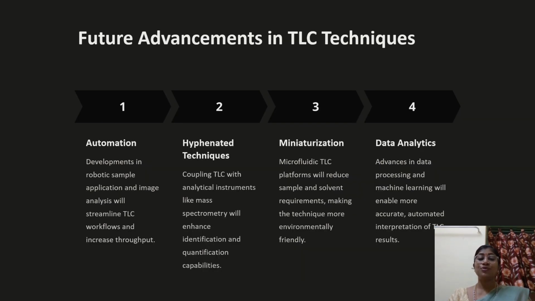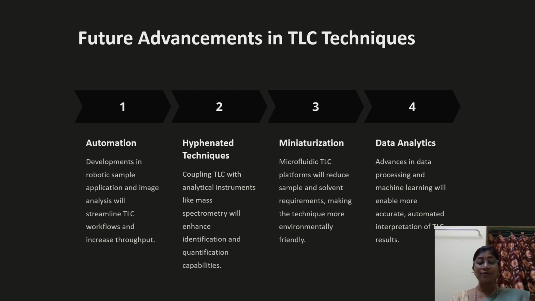Then, future advancements in TLC techniques. Automation: developments in robotic sample application and image analysis will streamline TLC workflows and increase throughput. Coupling TLC with analytical instruments like mass spectrometry will enhance identification and quantification capabilities.